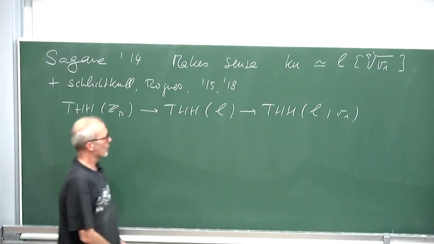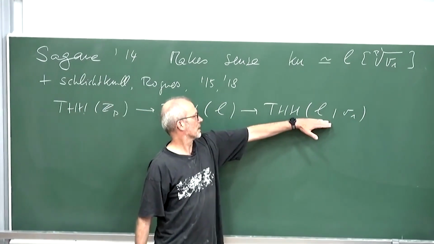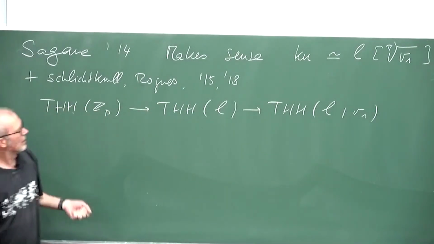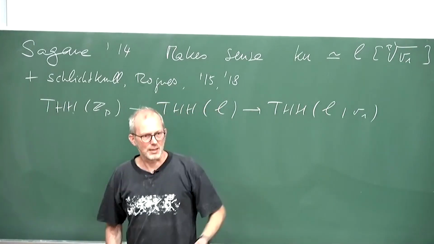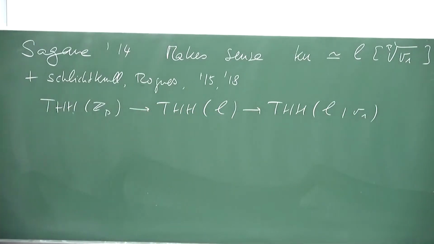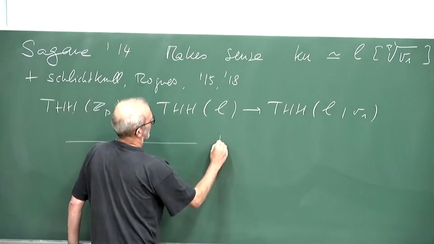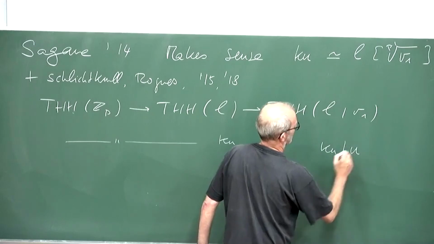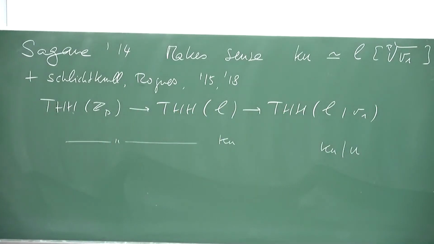And here somehow you don't want to take the periodic Adams summand because it wouldn't fit in a cofiber sequence, but you just allow the Kähler differential on v1 to be divisible by v1 once, in some sense. And they have the same formula for KU and KU.